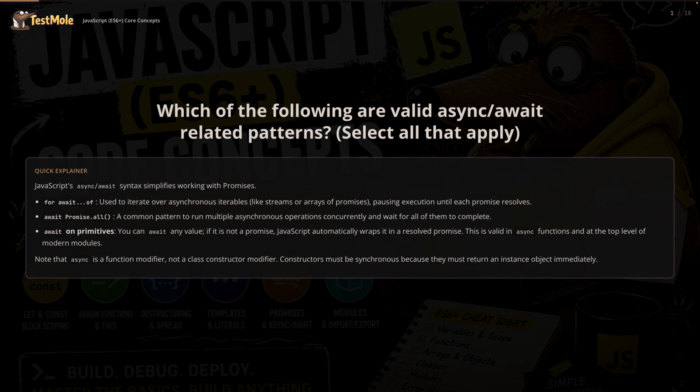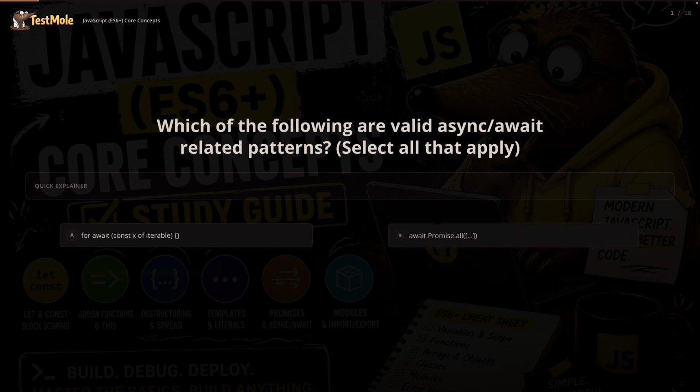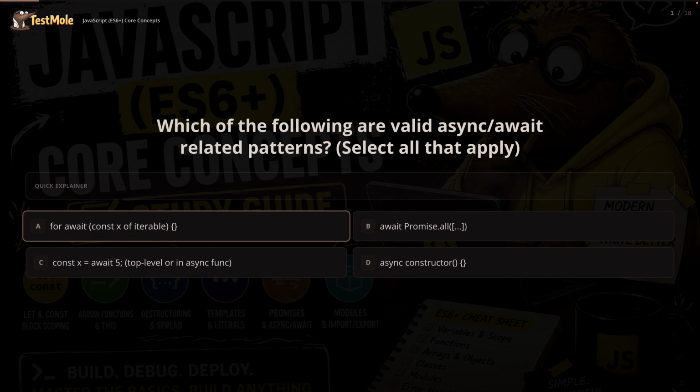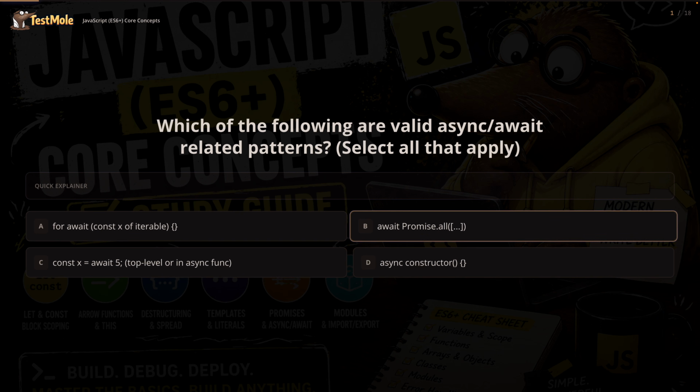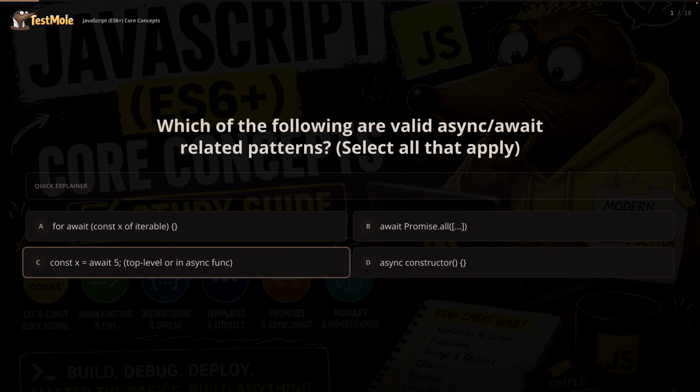Note that async is a function modifier, not a class constructor modifier. Constructors must be synchronous because they must return an instance object immediately. Possible answers are A, for await, const x of iterable. B, await Promise.all. C, const x equals await 5, top level or in async func.